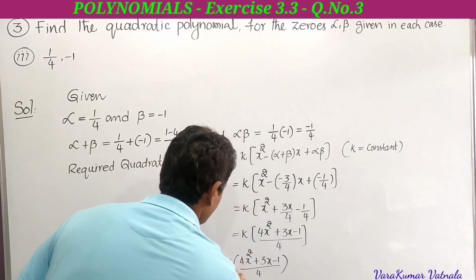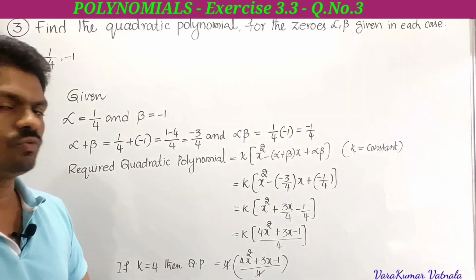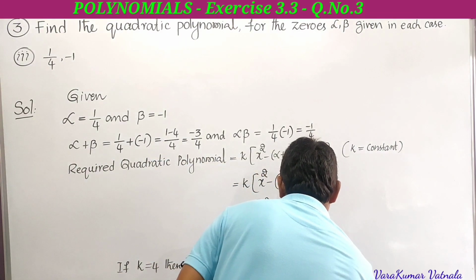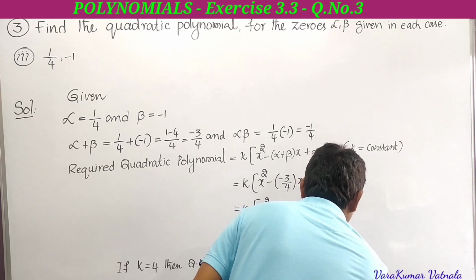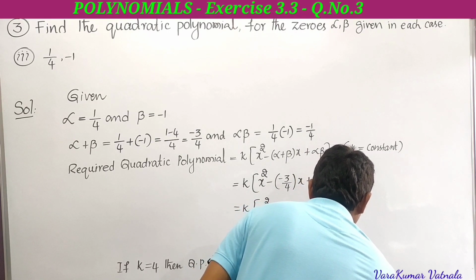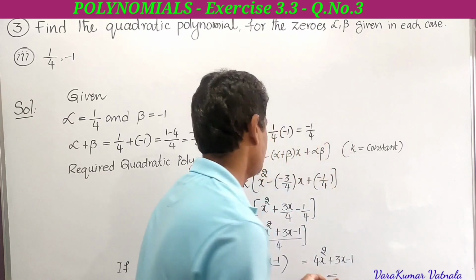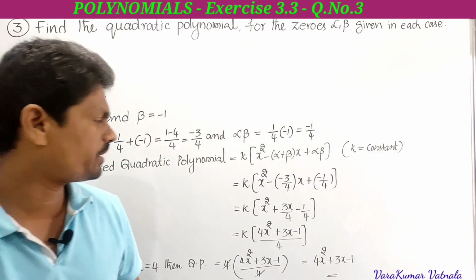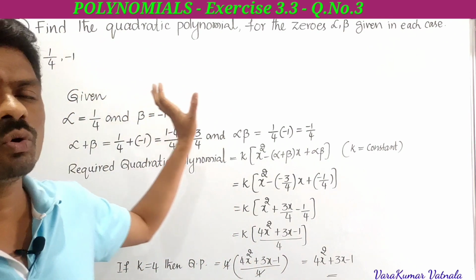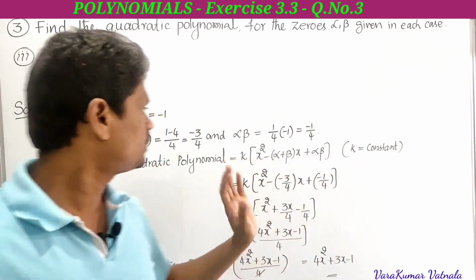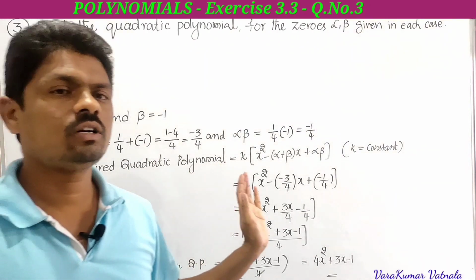So to cancel with 4, I have substituted k is equal to 4. So now this is the required quadratic polynomial, 4x square plus 3x minus 1. 4x square plus 3x minus 1 is the required quadratic polynomial whose zeros are 1 by 4 comma minus 1. So this is the third bit in the third problem.